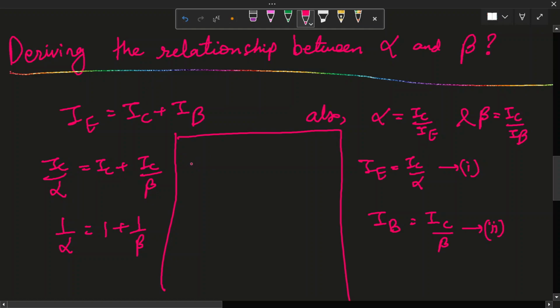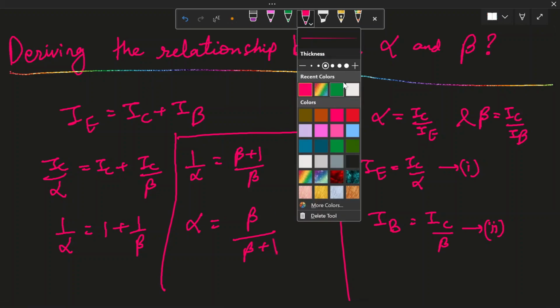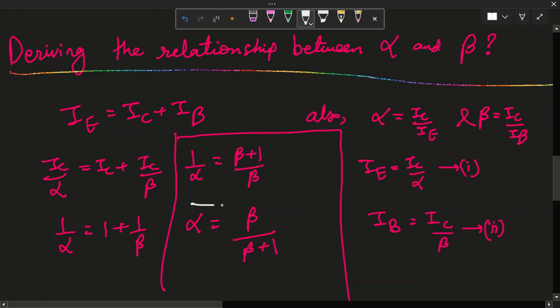Now if we take LCM, 1 by alpha is equal to beta plus 1 by beta. If we do the reciprocal, we will get alpha is equal to beta by beta plus 1. This is how we can express alpha in terms of beta.